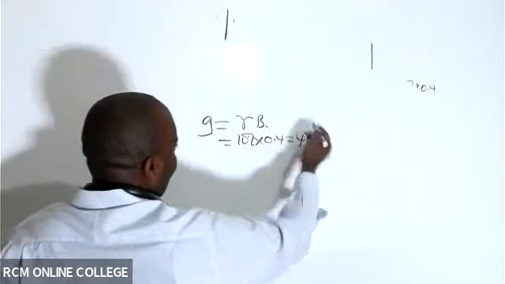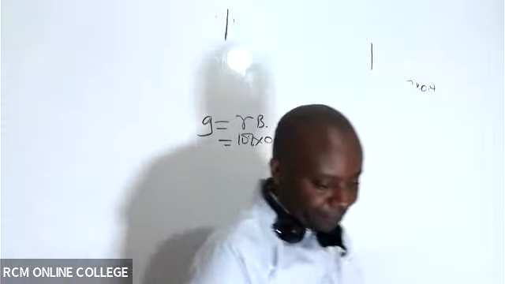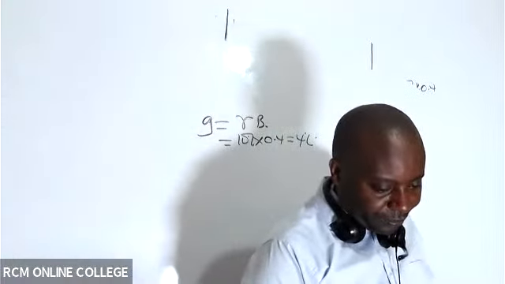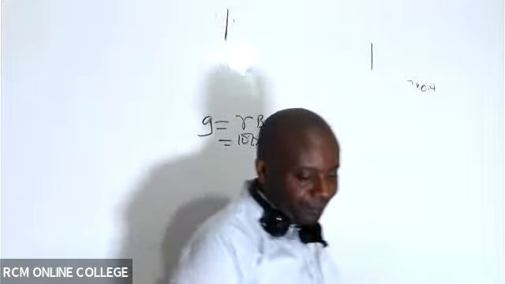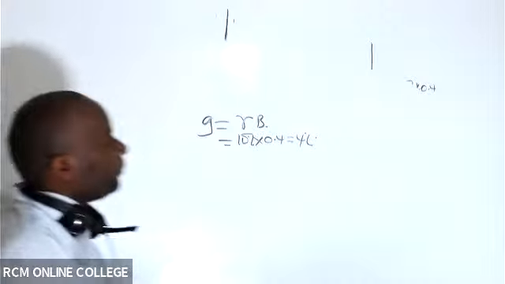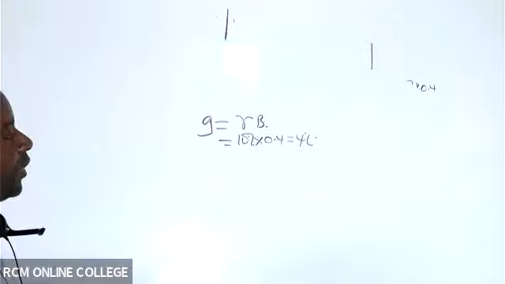So this will be 4%. Very good, so G is RB like that.